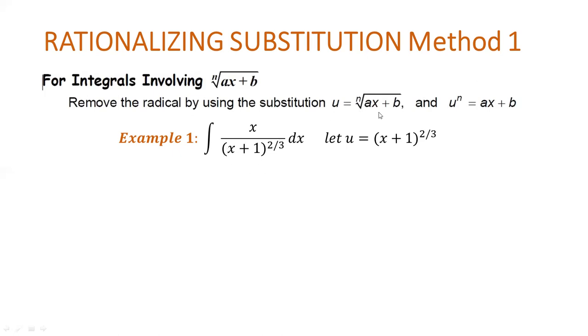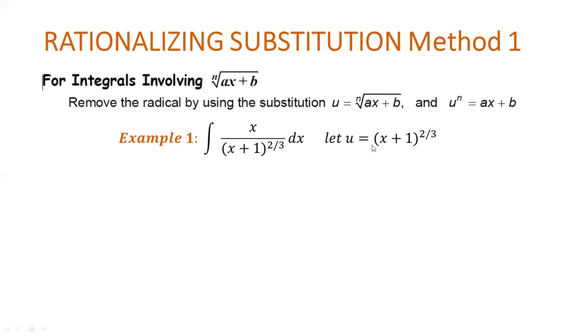We refer to this as a substitution equation, letting u equal to this particular expression. So u is equal to x plus 1 quantity raised to 2/3. Then you think of a number that you will multiply to 2/3 that will make it a whole number. And of course, you will say that that number will be the number that is appearing in its denominator.